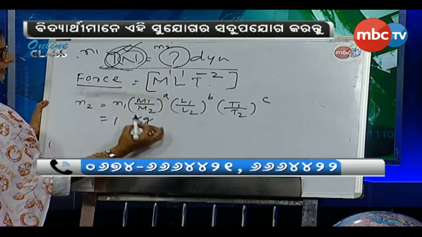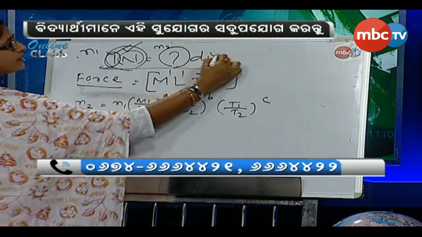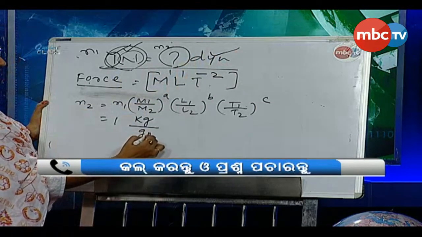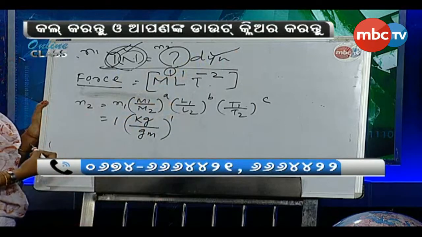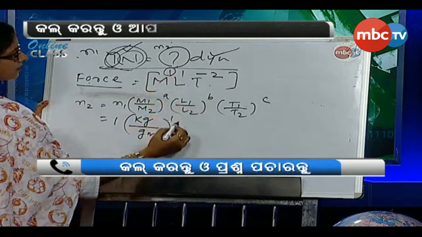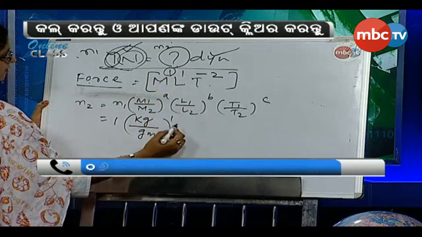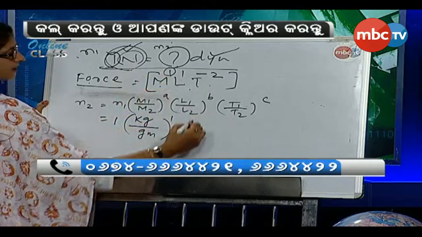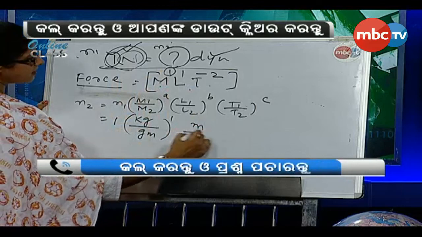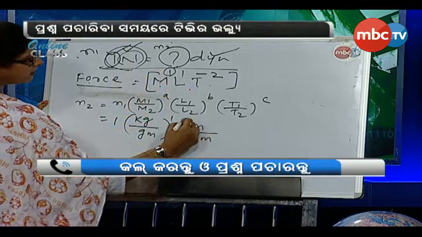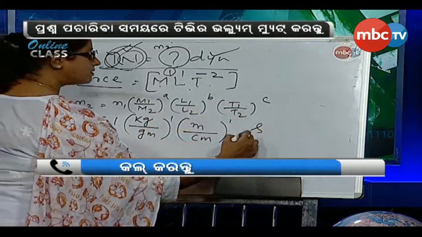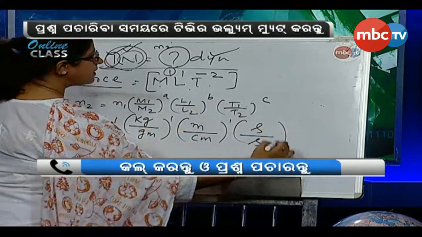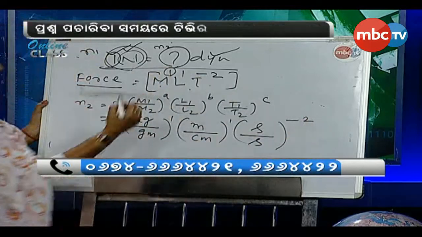So it's in kg, and M2, that means in CGS unit, it's gram raised to how much? A is 1. L1 is how much? It's kg meter. So it's meter, centimeter raised to 1. Second, same as it is, raised to minus 2.